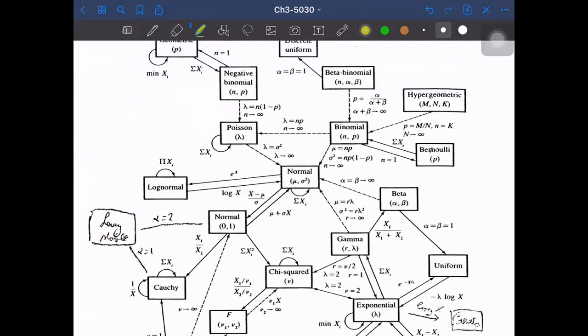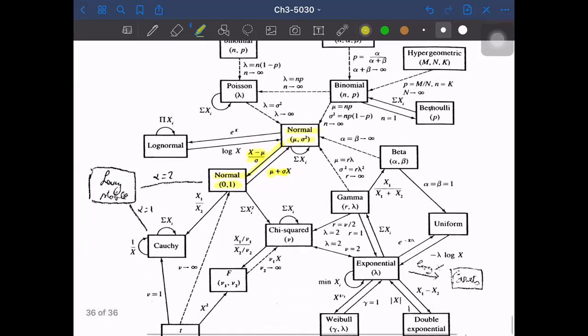You can see the normal 0, 1, the normal distribution with mean 0 and standard deviation 1, is here. And if you add some constant and multiply this random variable by sigma, you can make the normal distribution with mean mu and variance sigma square. And the other way, if we apply the inverse of this function, then we get the normal 0, 1 again.